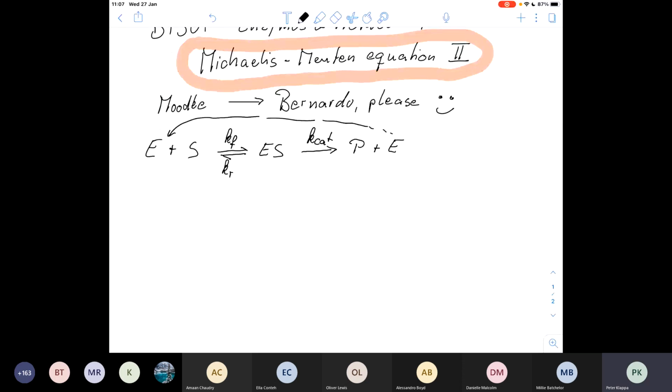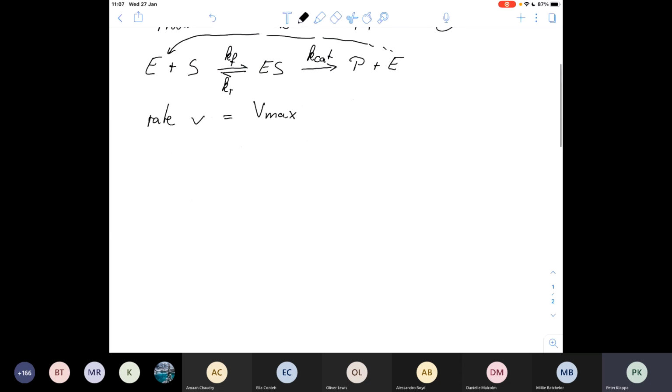And we then said that the rate of how the substrate is basically used up can be written as the rate, and we usually abbreviate that with a V for Victor in the international alphabet. The rate V equals something that is called Vmax, and we will discuss today what this Vmax actually tells us.